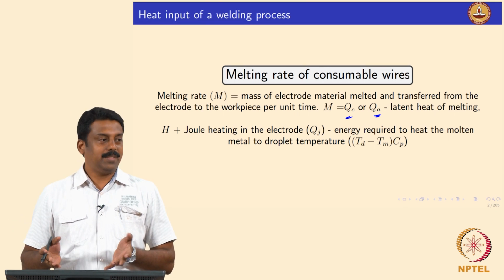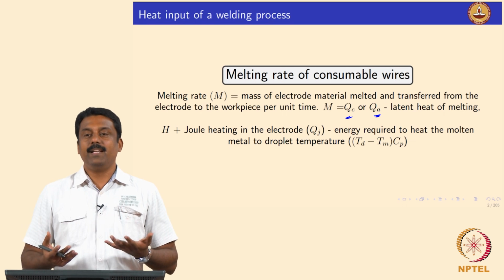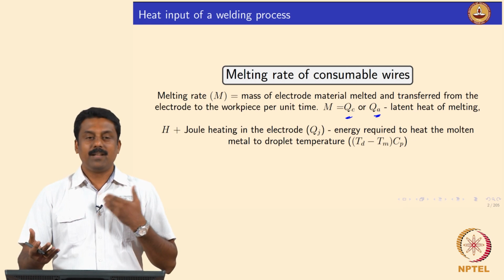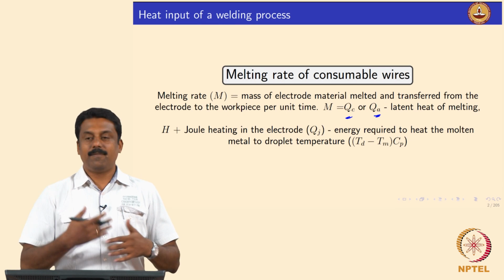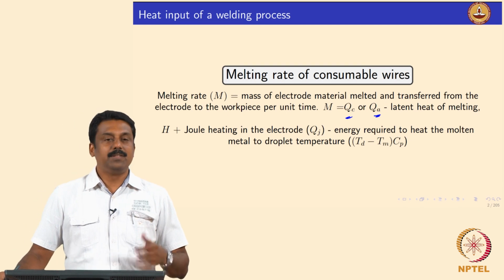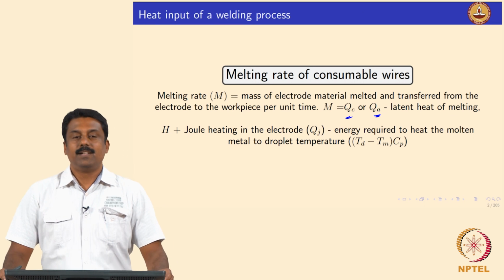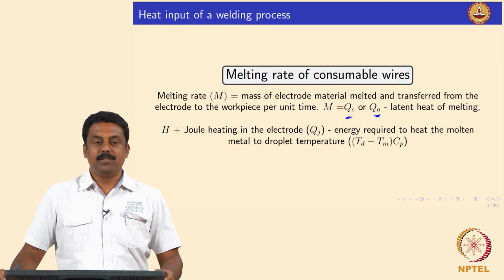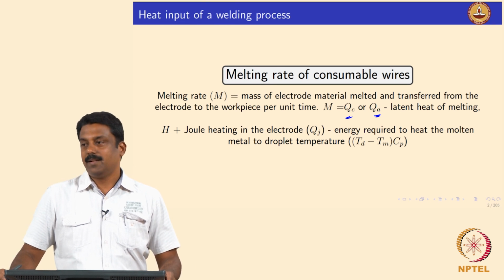In a conventional welding process, it can considerably change the melting rate because the heat in the anode is changed. If you change from anode to cathode, from reverse polarity to straight polarity, you have less heat in the consumable. So, your melting rate decreases if you make it a cathode, right.